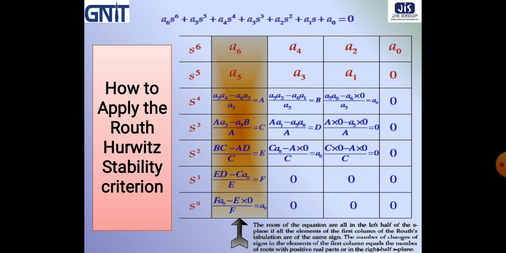Suppose there are two sign changes, one from positive to negative and one from negative to positive. If there are two sign changes, that means there are two roots present in the positive real axis. That's why the system becomes unstable.